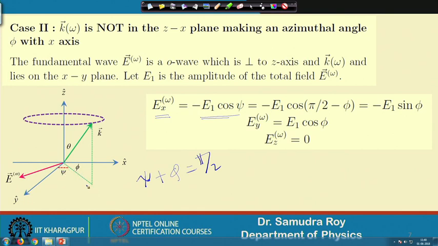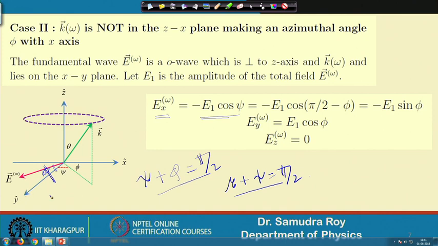If I say this angle is mu, then mu plus psi is also pi by 2. From these two equations we can say that this angle is phi. If this angle is phi, then we can readily derive the different components.